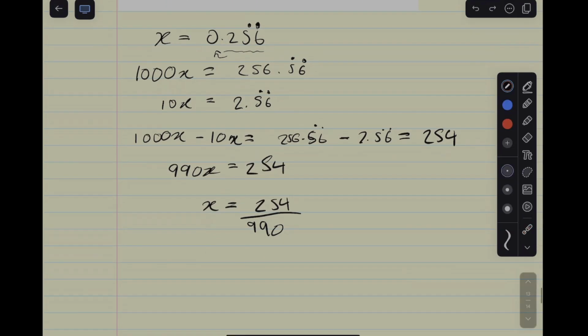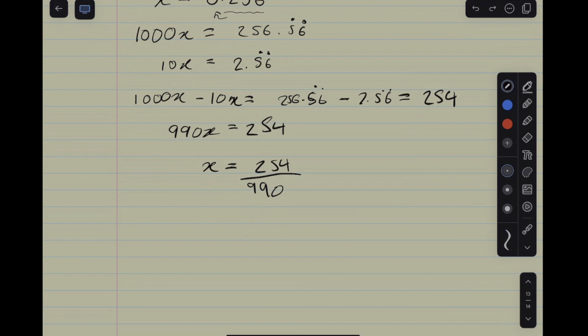And now you have to simplify it as far as possible. But when you look at this clearly, it's hard to simplify. So what we can do is divide the fraction by 10. So it'll be 25.4 over 99. And to make it so the fraction doesn't have decimals, what's 0.4 times 5? That would equal 2.